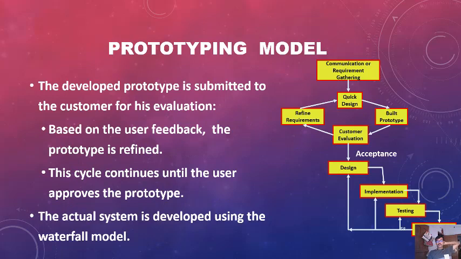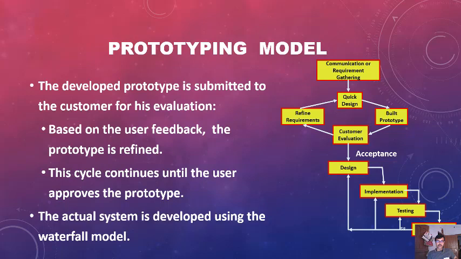So in the waterfall model, the detail of the communication requirement, quick design, build prototype, customer evaluation, refine requirements, these 5 stages in the waterfall model, we name that software requirement and requirement gathering and analysis.